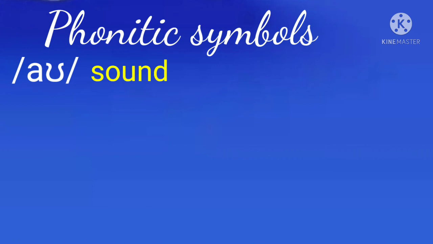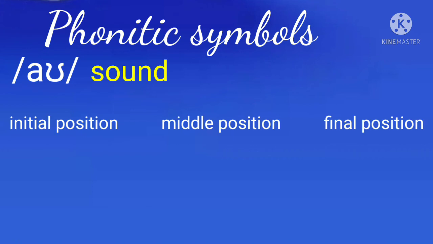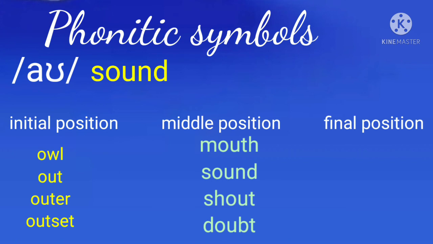Think of words in which ow occurs in the initial position. OWL, owl. OUT, out. OUTER, outer. OUTSET, outset, etc. Now in the middle position, mouth, sound, shout, doubt, and so on.